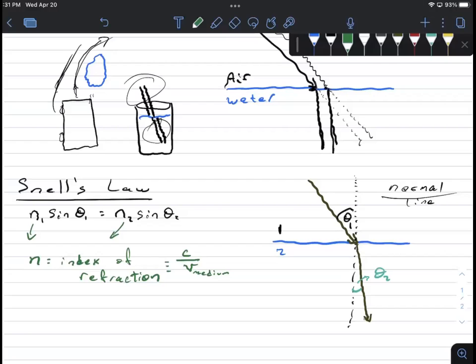Okay, so for instance, we're going to say let air be the same as a vacuum, just to make it easy. So when light travels through air, it travels at the speed of light, 3 × 10⁸. So the index of refraction, n, for air is the speed of light in a vacuum, 3 × 10⁸, divided by the speed of light in the air, which we're going to say is the same, 3 × 10⁸. So it's just 1. Very easy.